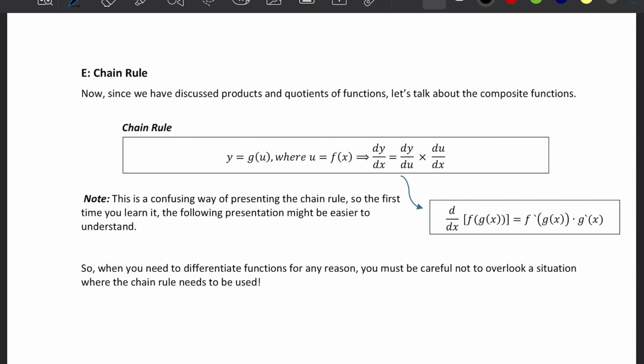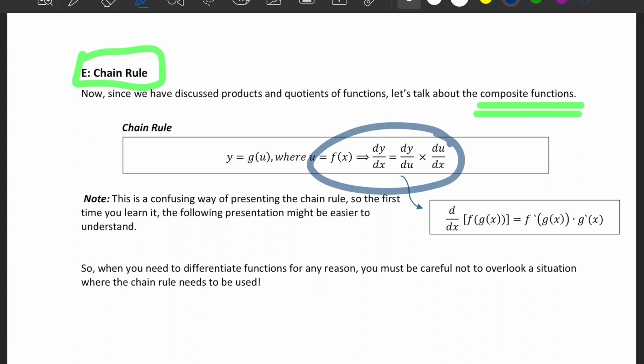Okay, so now let's talk about the chain rule. The chain rule is one that has a function inside a function, so it is a composite function. We have the formula for the chain rule in your formula booklet, which is this one.